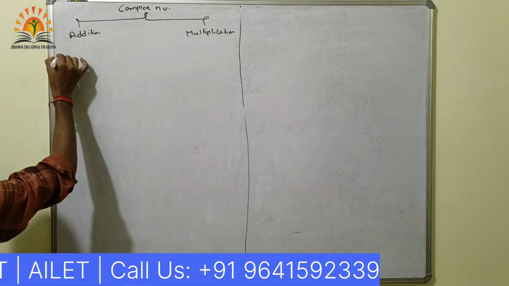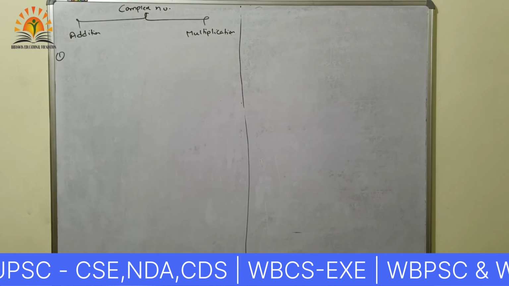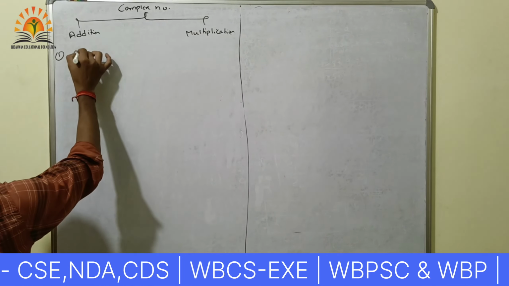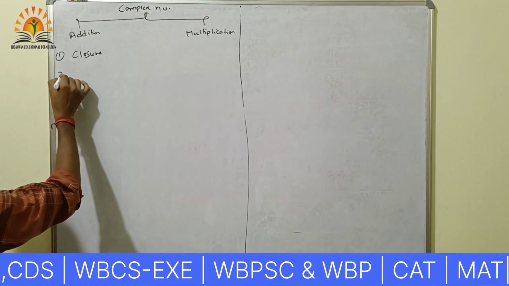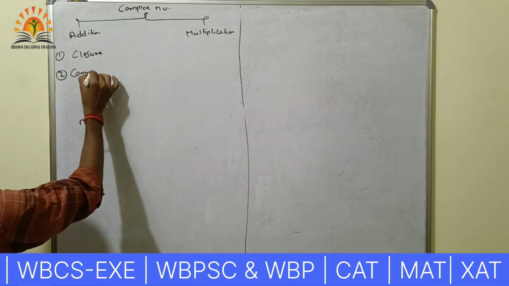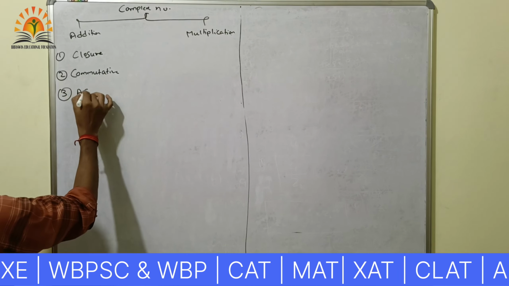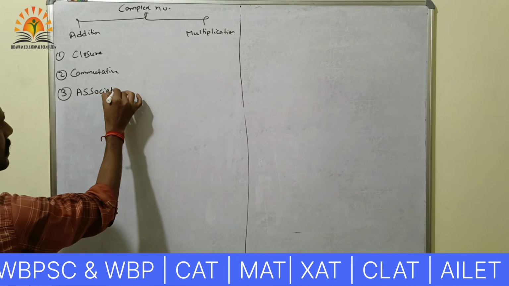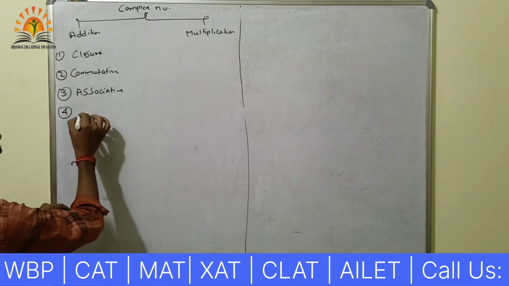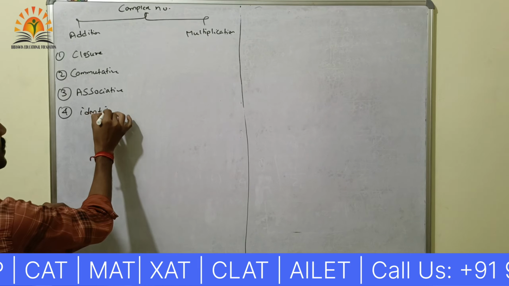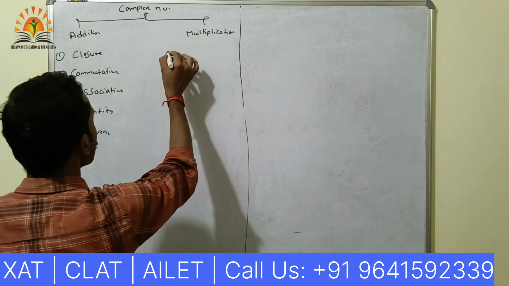The first property is closure, the second is the commutative law, the third is associative, the fourth is identity, and the fifth is inverse. We can discuss them one by one.